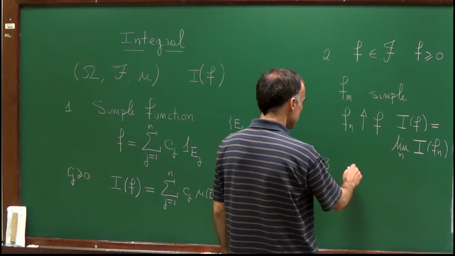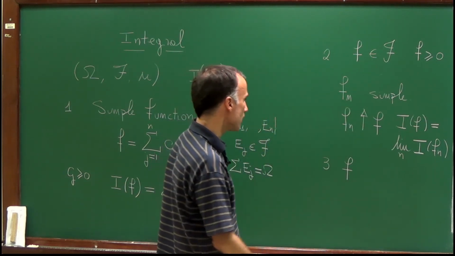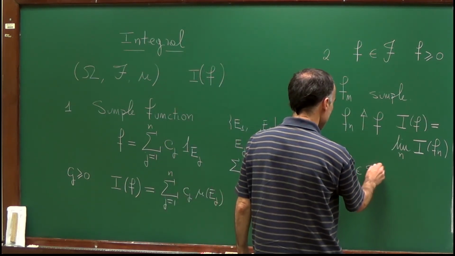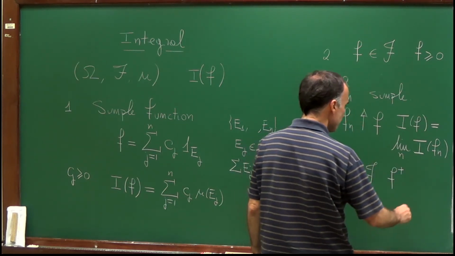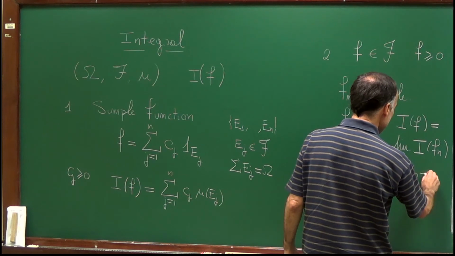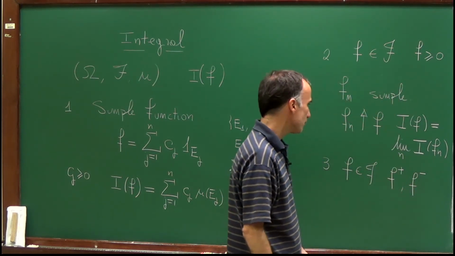Then in the last step, we will consider a measurable function f. Recall that we represent by f plus and f minus the positive part and the negative part of f.